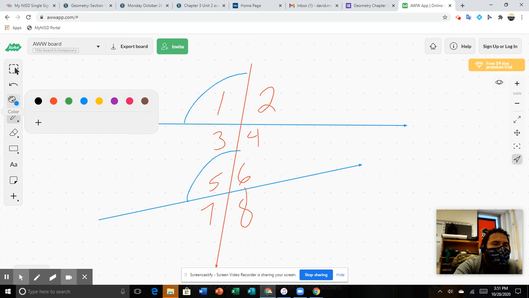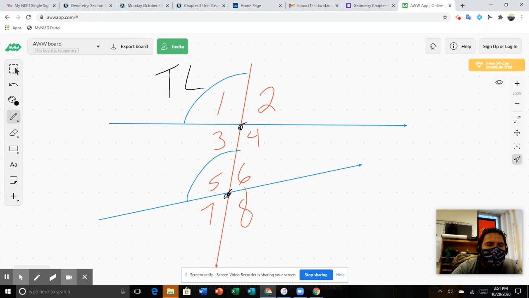The focus here is on the point of intersection. Notice that this is the top left, and this one right here is also the top left of the intersection. They're in the same position on the same side. We call these corresponding angles.